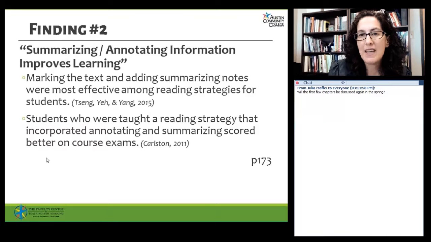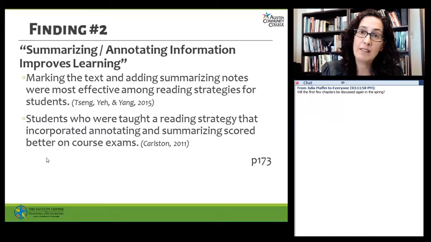But if you mark up the text in personal ways and add summarizing notes, if you try to convert the information into a different format, so instead of taking the written word, you convert it into a visual aid. Any of those kinds of markups on the text that you can get students to engage in, those will really help so much more than just highlighting or underlining or a post-it note on the page.